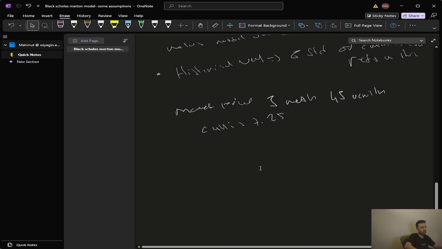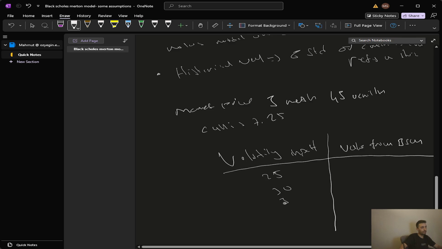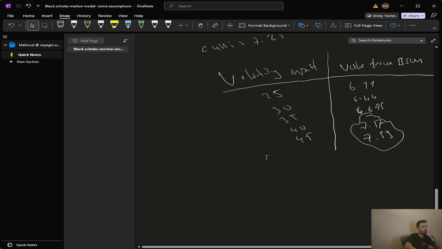We have different volatility inputs and different values from Black-Scholes, like 25, 30, 35, 40, 45, and these are our BSM values. Now the value should increase, and we are confident here.